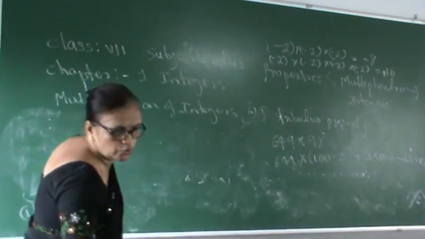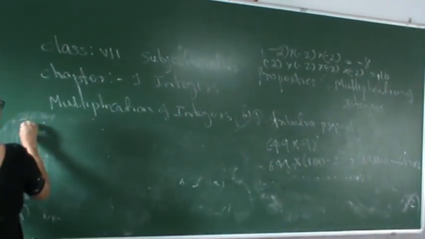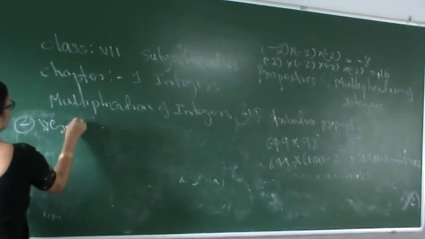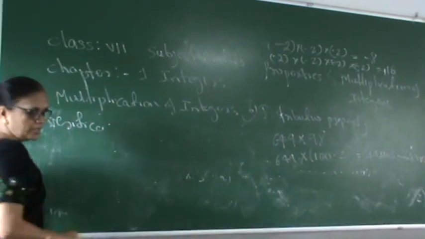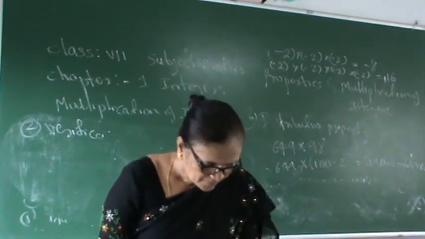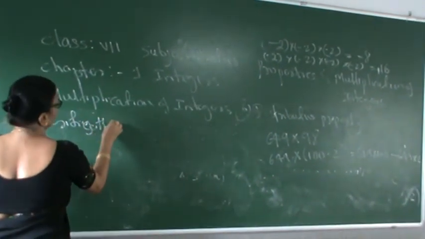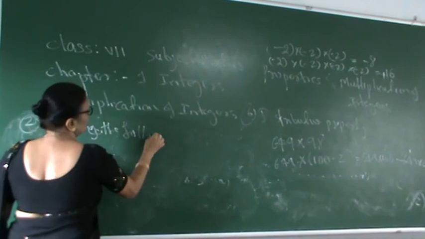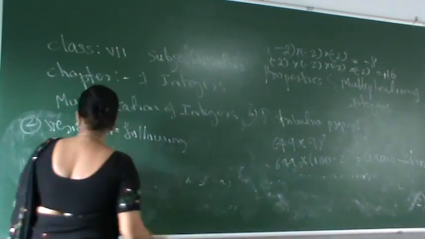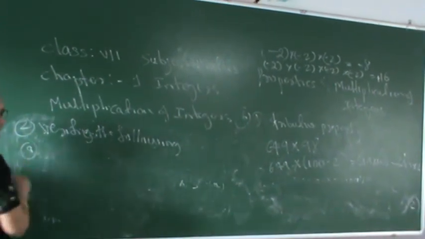Then question number 2. Verification. What is the verification? Yesterday we already did it for addition. Verify the following. You have to show LHS is equal to RHS.